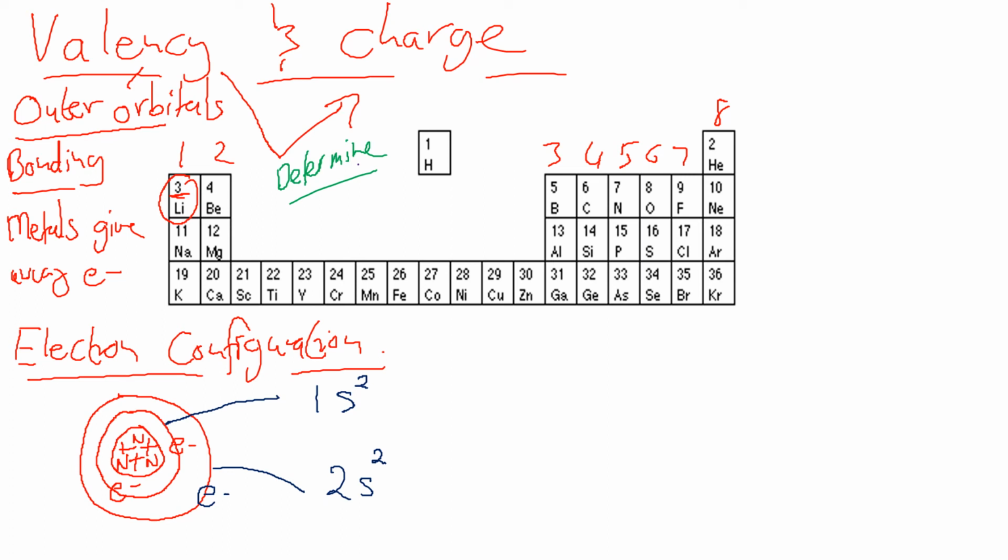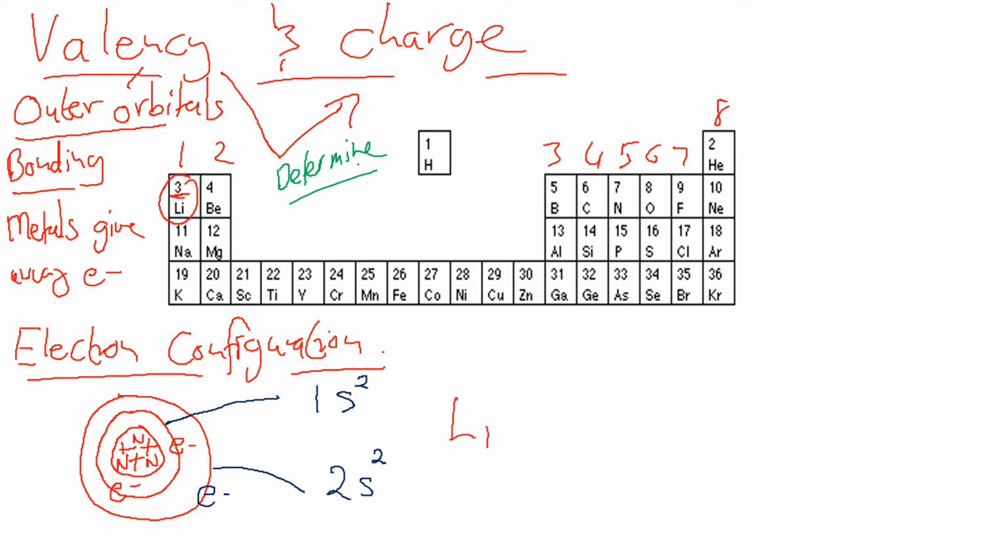So here we have one valence electron based upon its electron configuration, and we know that metals like to give away electrons. So the charge that it will form will be a positive charge. And how can I say that? Well, let me show you.